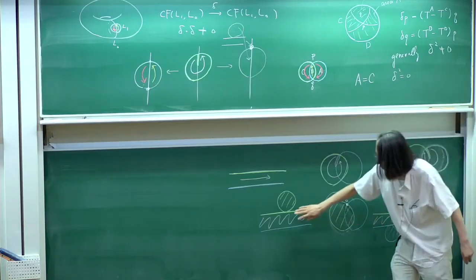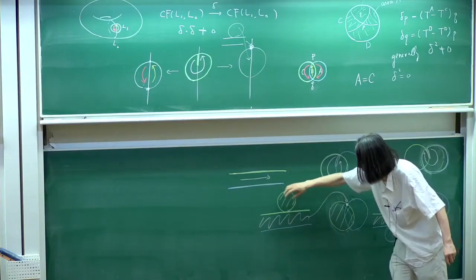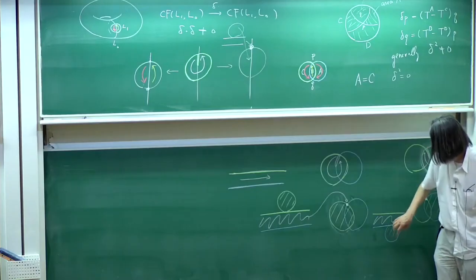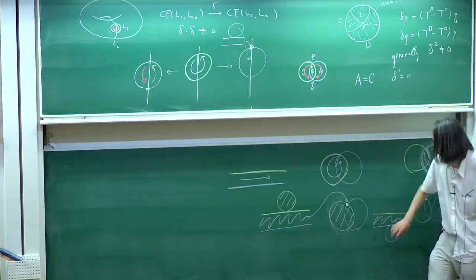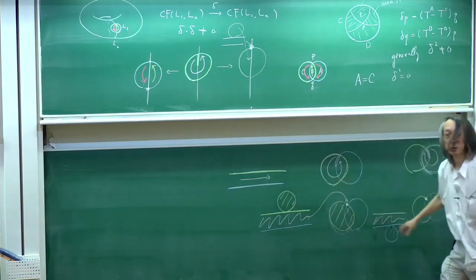So here you have a contribution of a holomorphic disk on this green side. And here a holomorphic disk appears on the blue side. If these two contribute to delta square in the same way, then somehow we can just cancel them.